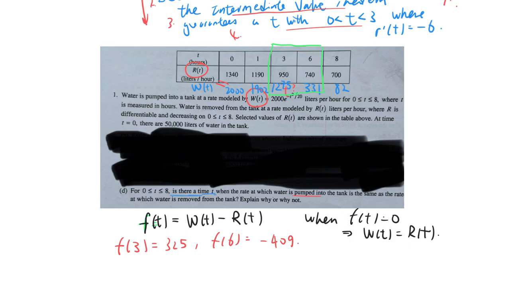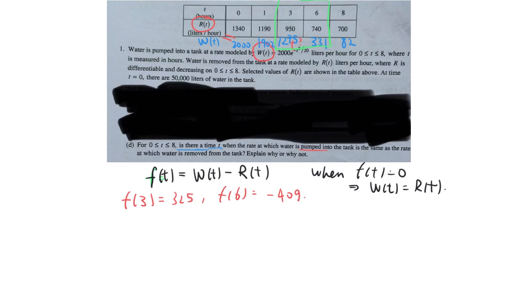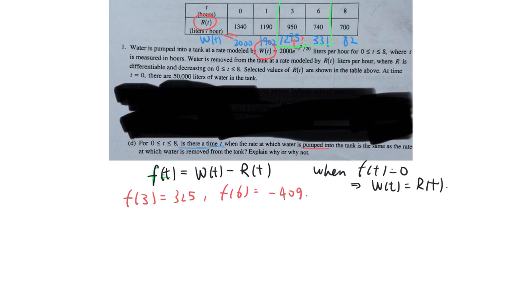So here we're going to set up a comparison again. So we're going to have f of 6 is equal to negative 409. This is less than 0, and this is less than 325, which is f of 3. So first of all, again, we set up this comparison. Then we're going to assert that f is continuous.